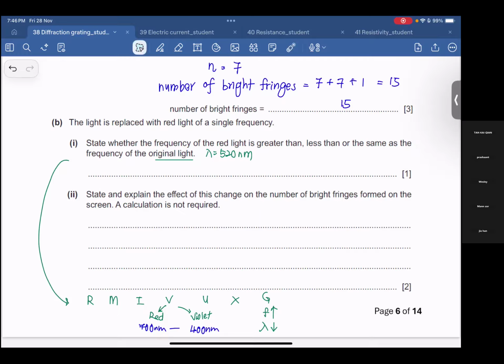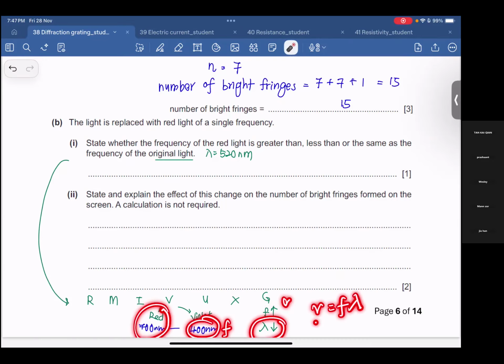As I told you just now, the frequency is high at the gamma end, which means somewhere here the frequency is higher than red. When the wavelength is short, the frequency is high, because v equals f lambda. The speed of the EM wave is 3 times 10 to the power of 8, a constant value. Therefore, with v equals f lambda, when frequency is high, wavelength will be short.